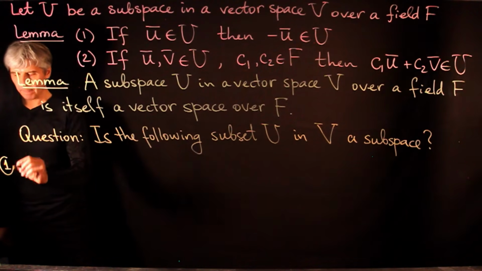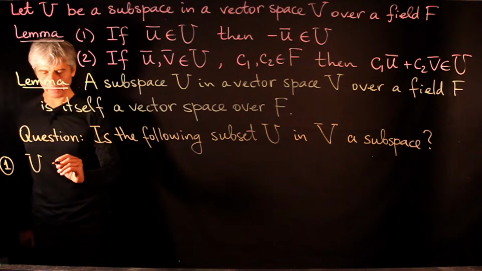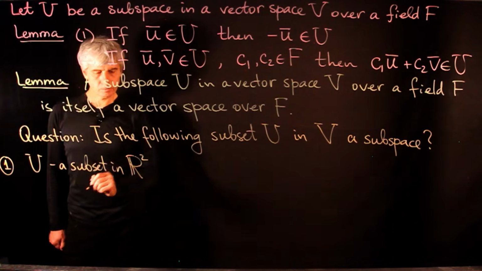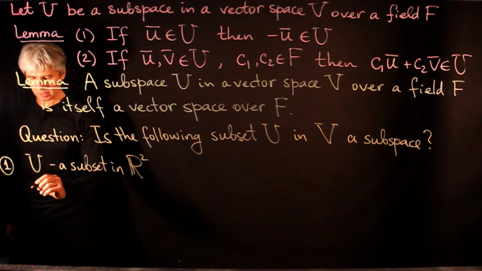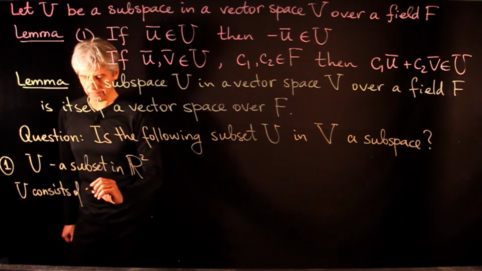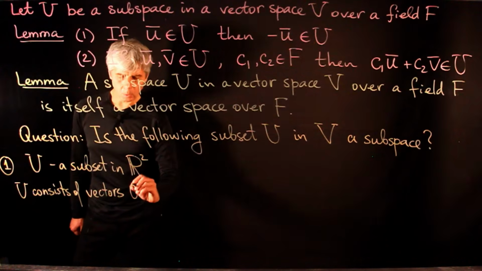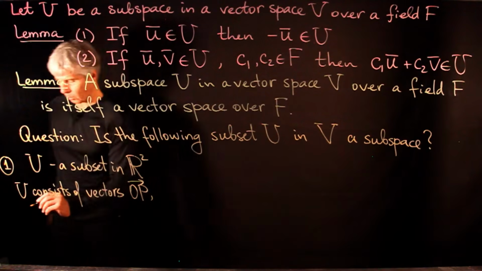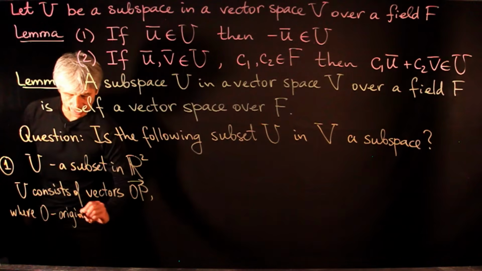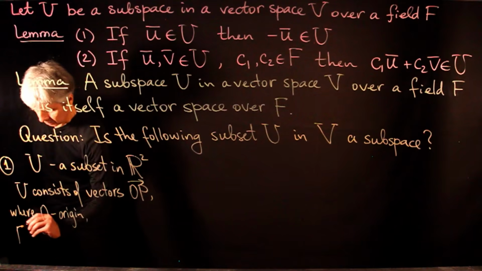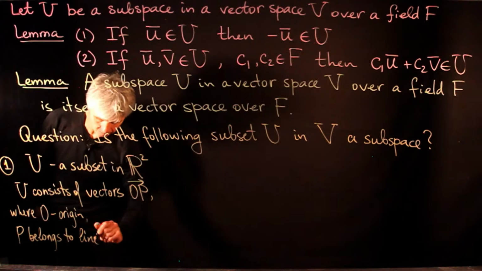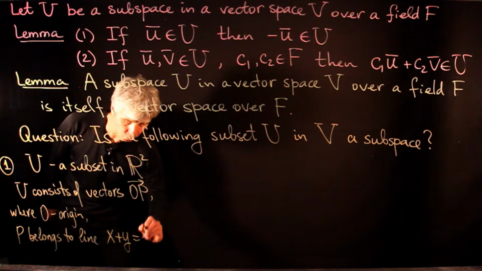As our first example, let's take U to be a subset in R2, a plane with a coordinate system, so U consists of vectors OP, where O is the origin of the plane, and P belongs to the line x plus y is equal to 1.